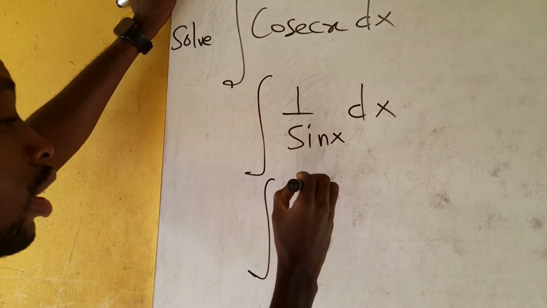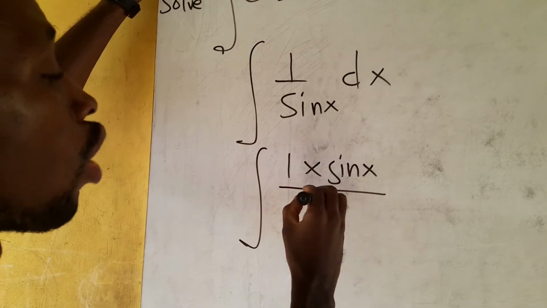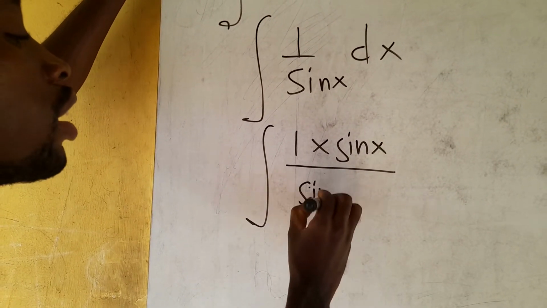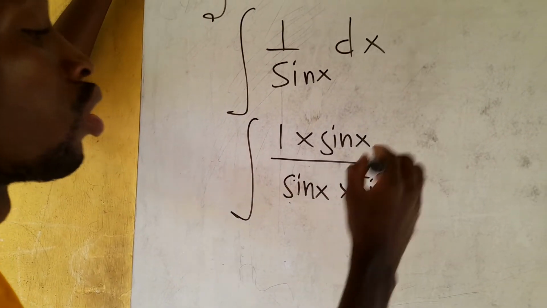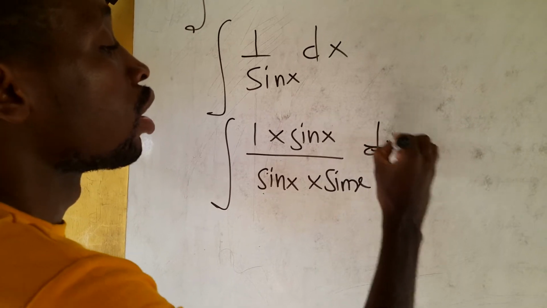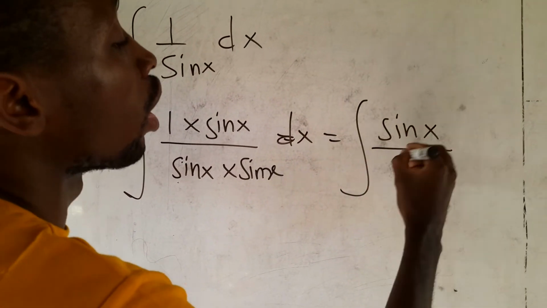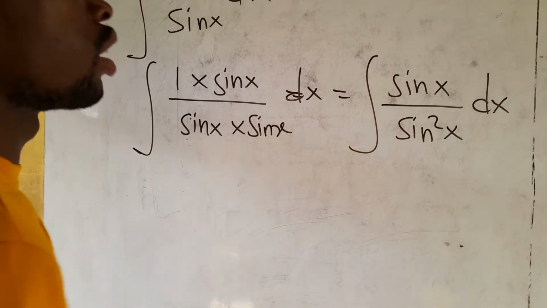So I'll get 1 times sin x over sin x times sin x, dx. So this will be equal to sin x over sin square x dx.